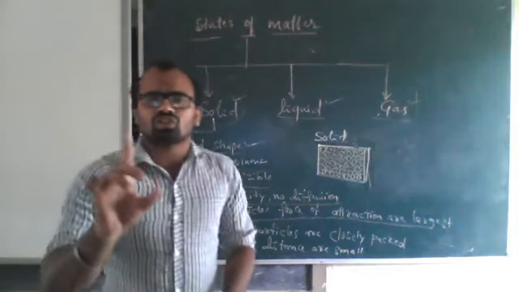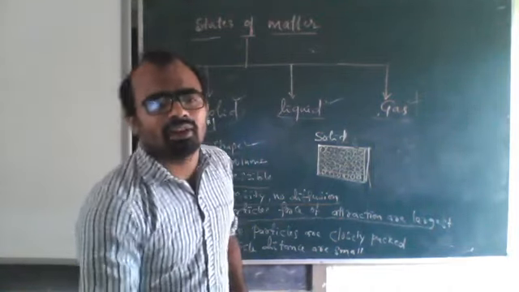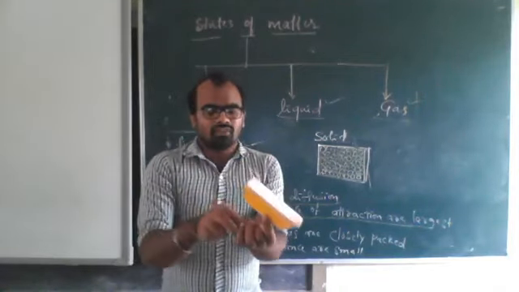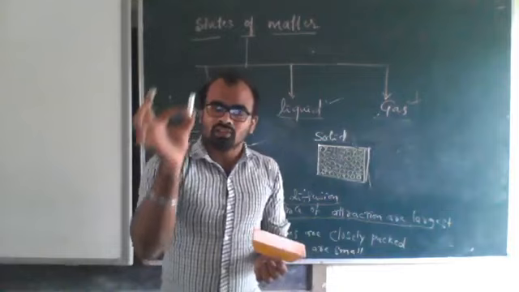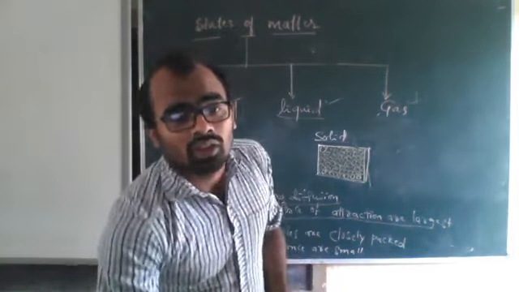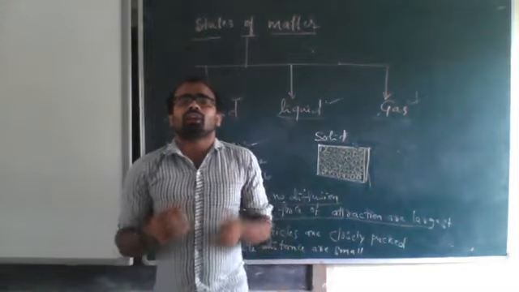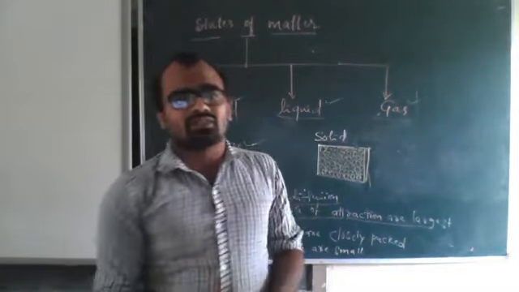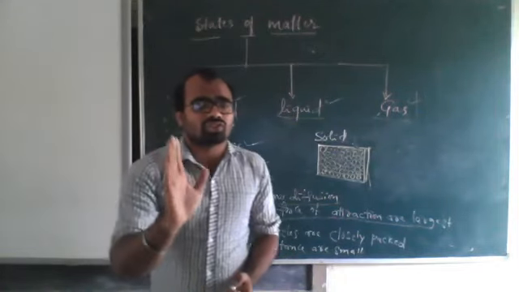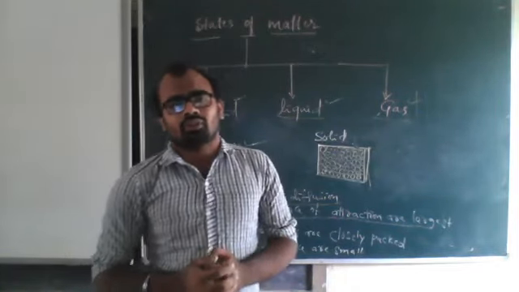Every solid has a fixed shape. For example, this duster has a fixed shape. This chalk also has a fixed shape. If you take the mobile in which you are seeing this video, it also has a fixed, rectangular shape.